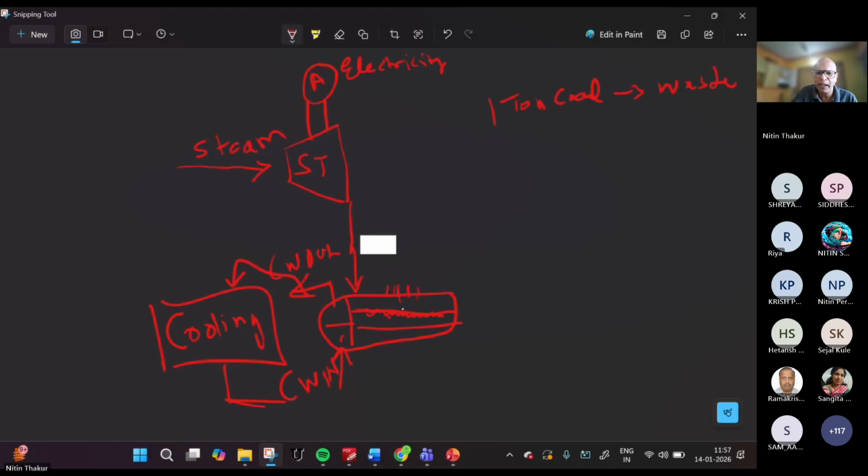So as the condenser scales, there will be a back pressure of steam on the steam turbine.